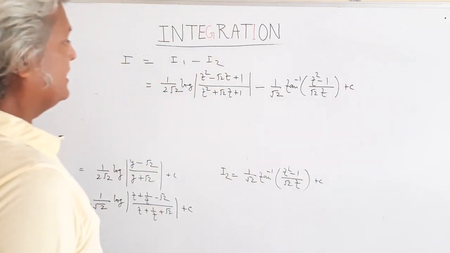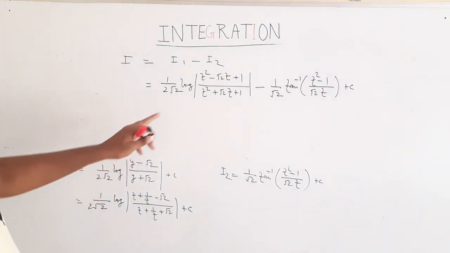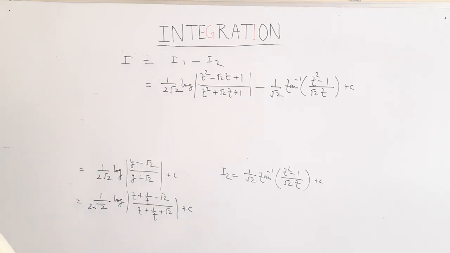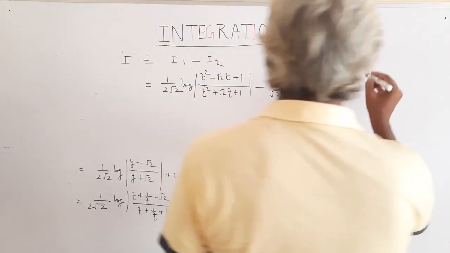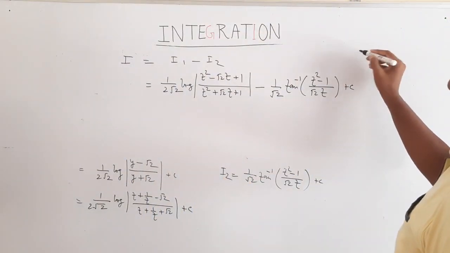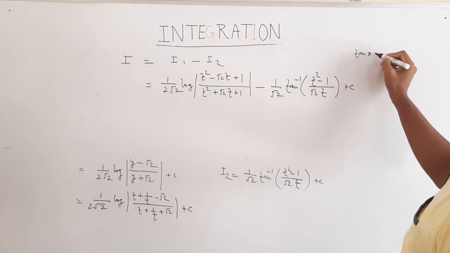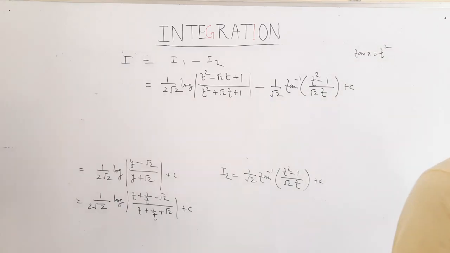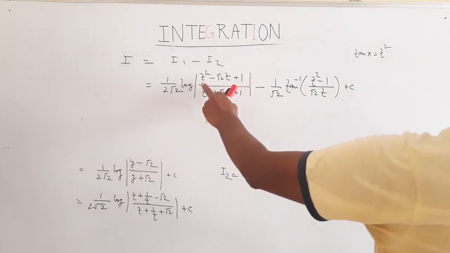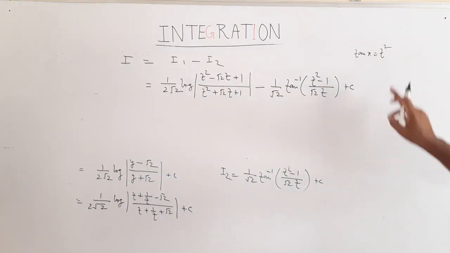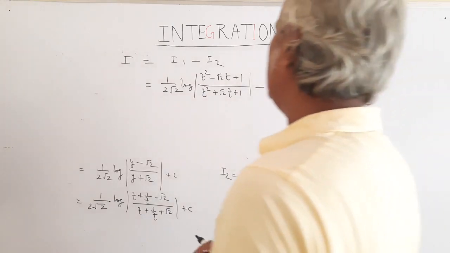Now you have seen that we assumed tan x as t square. So our question was integration of root tan x, and we assumed tan x as t square. So wherever you have t square, I can write tan x, and wherever you have t, I will write under root tan x.